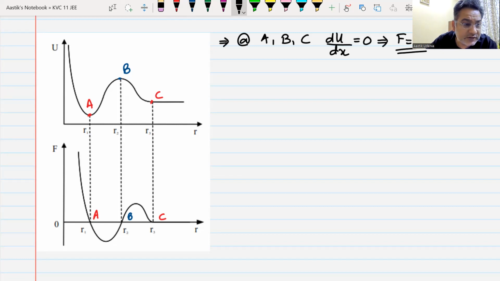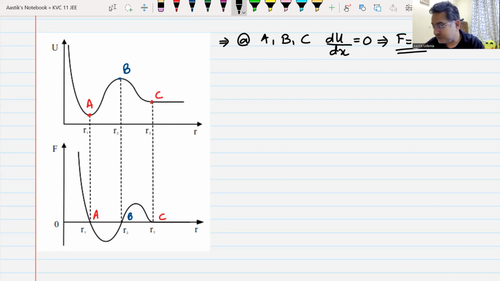Now, there's one more thing you have to understand, and that is when is the force attractive and when is the force repulsive. Attractive force is negative.